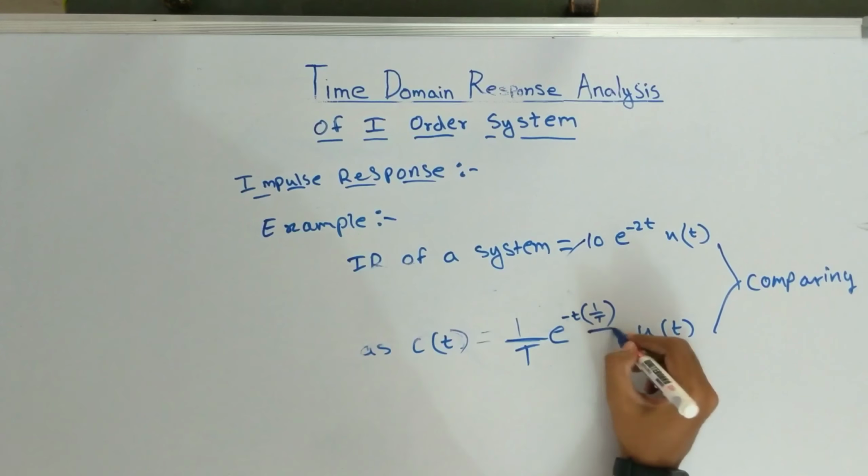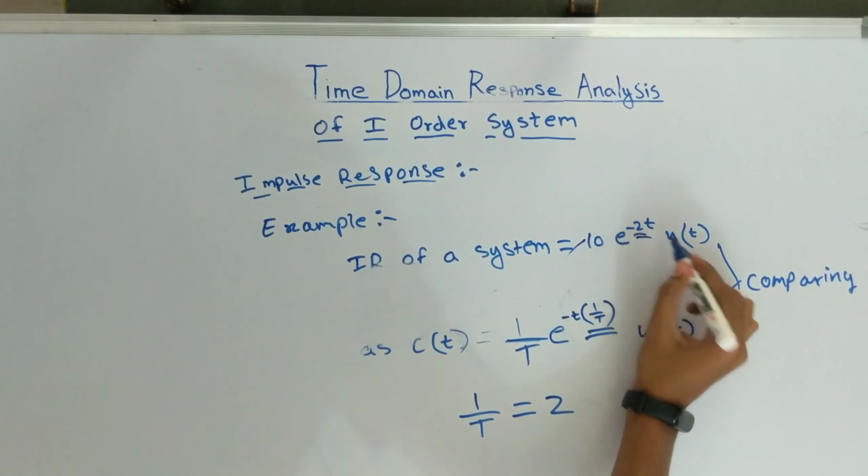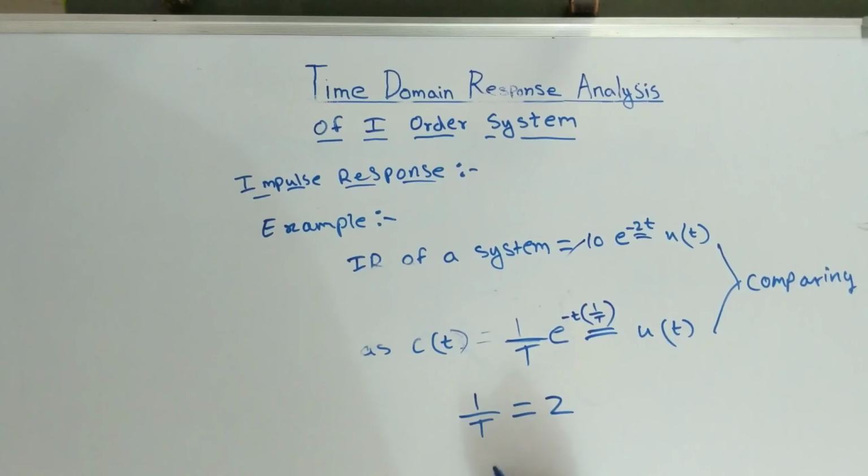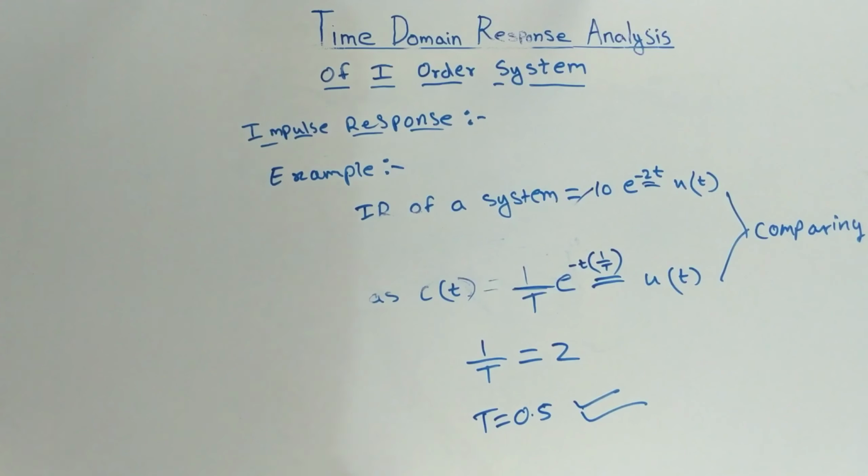That is, the time constant is on the power of e. The 10 is nothing but amplitude. We want the time constant, and it is on the power of e. Therefore here 1 upon T is equal to 2, and the time constant is 1 upon 2, which is 0.5, not 1 upon 10.